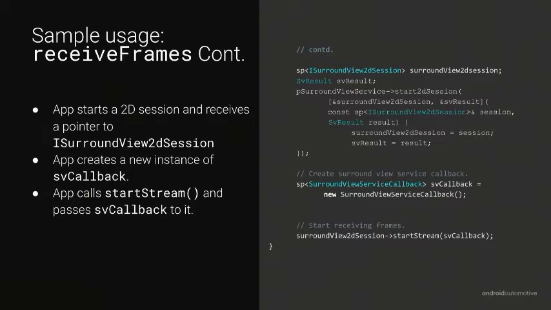And it creates a new surround view stream callback and passes that to the start stream call. So at this point, the application now should start receiving surround view frames in its implementation, as well as events. And from here, it can do all the processing that it needs to.